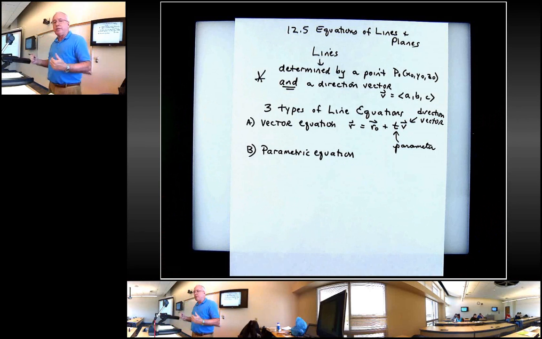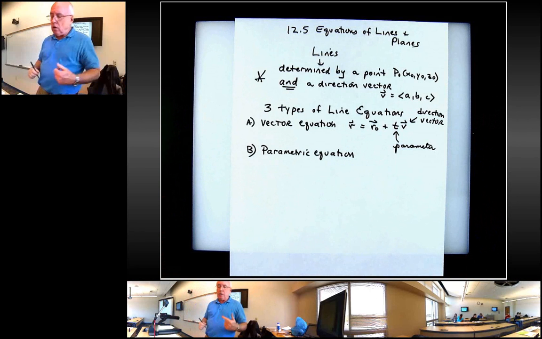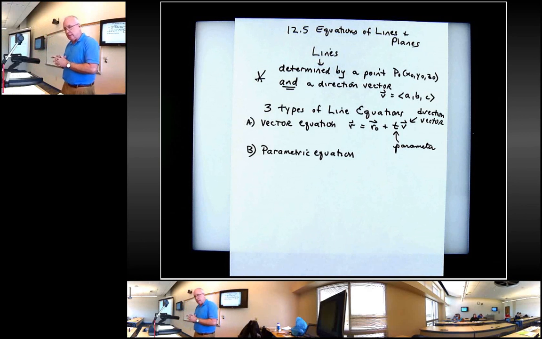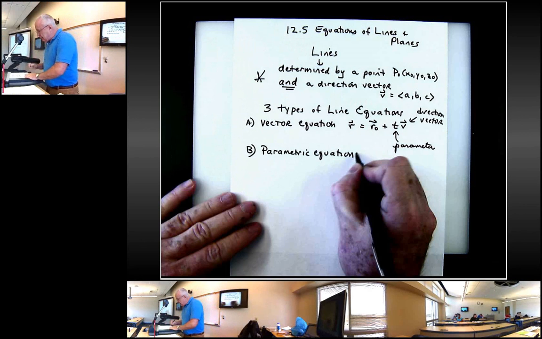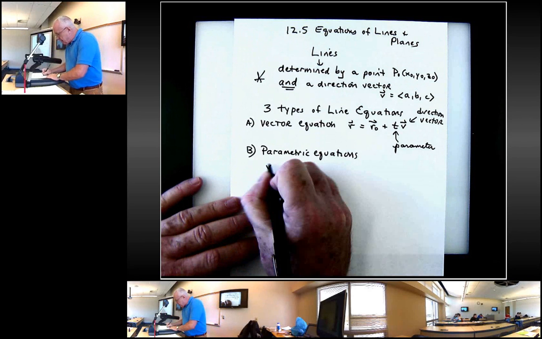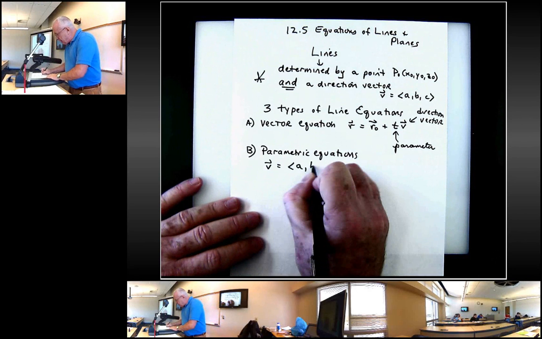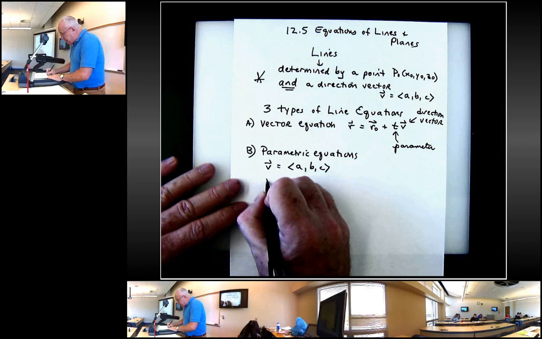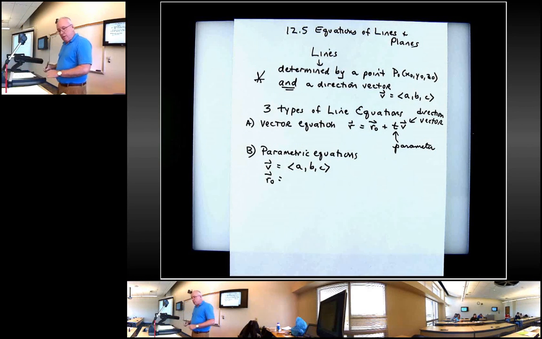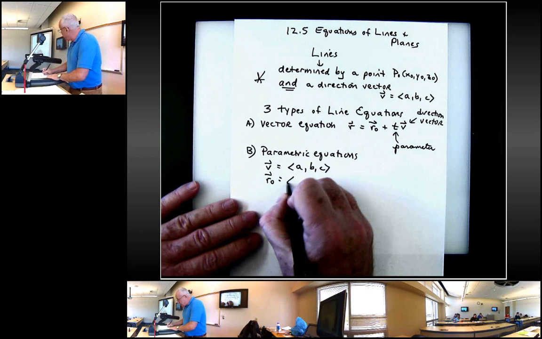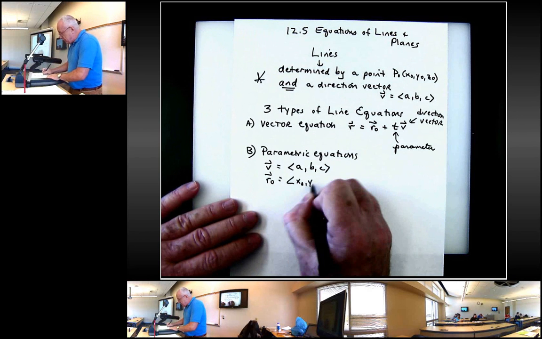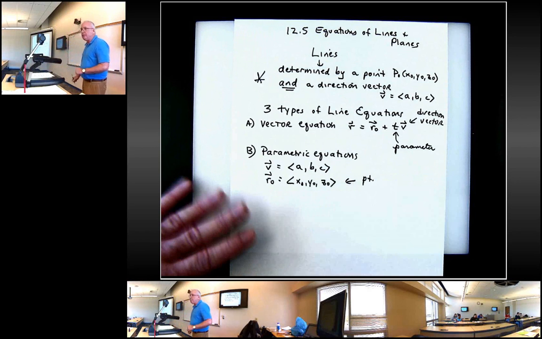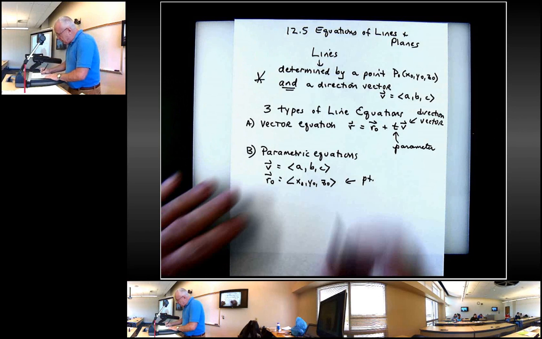So let's use that to go into another way of writing the line, a parametric equation. Let's suppose that our direction vector is equal to the direction a, b, and c, where a, b, and c are numbers. And let's suppose that a specific point that the line goes through is, say, x naught, y naught, and z naught. So this is our point. This is actually a position vector. This is our direction vector.